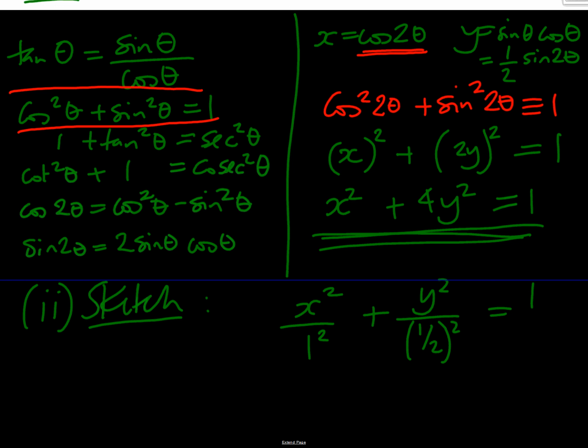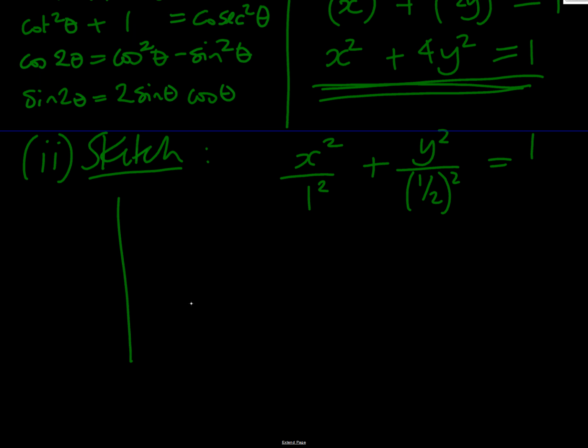That's the standard form of an ellipse, where these values on the bottom are actually the extreme values of our ellipse. So let's just draw that. So our extreme values of x are 1 and -1, and our extreme values of y are 1/2 and -1/2. There we go. So that will be our ellipse, and it's centered at the origin here. We've not got anything inside with our x squared or y squared.